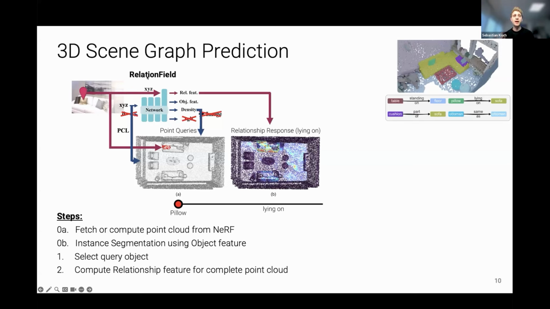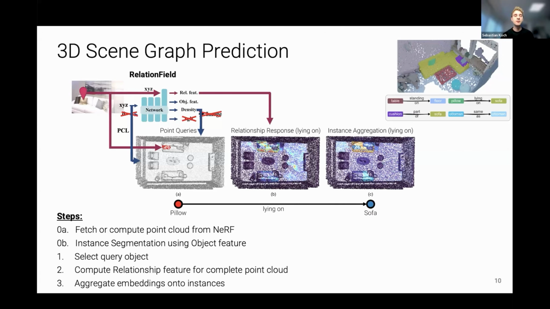And then in the final step, to get the full 3D scene graph edge, we can again use the underlying instances, which we extracted from our object field, to aggregate these activations onto individual instances. And here we then see that the pillow that we originally selected has the most activation with the sofa instance here.